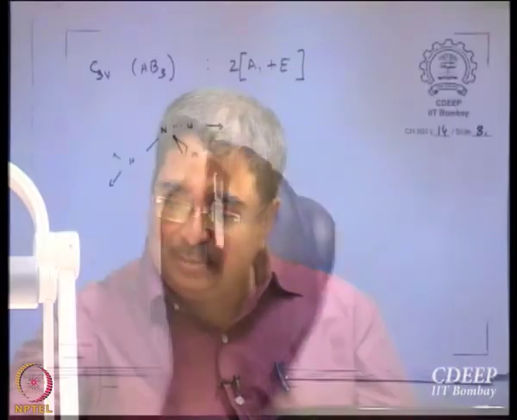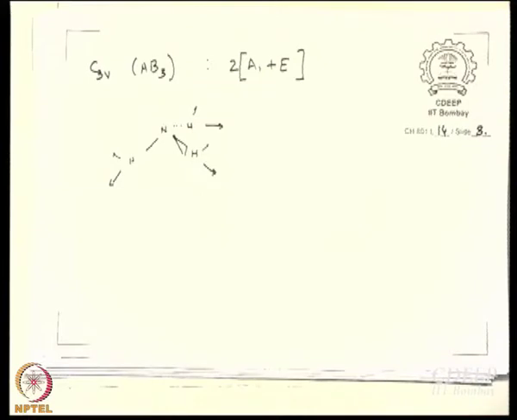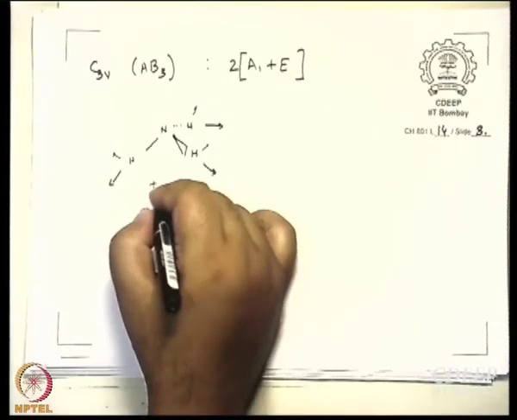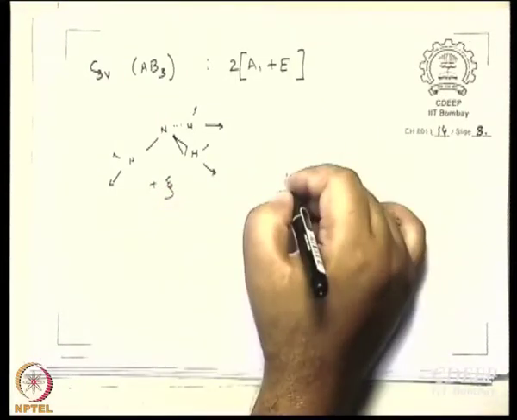One thing I can say is, they expand together, and also the angles increase together. This is plus. This is maybe a good way of drawing it, isn't it? Let us say this is plus psi. What will be minus psi?